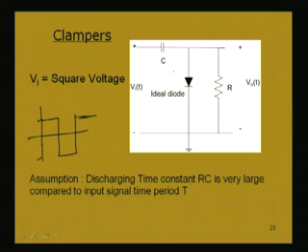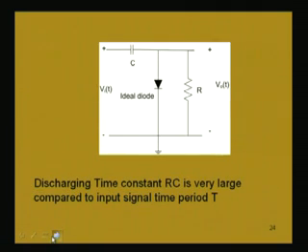Now, in this circuit, suppose we are applying a square waveform, what will happen? In the positive half cycle of the signal, the diode will be forward biased.